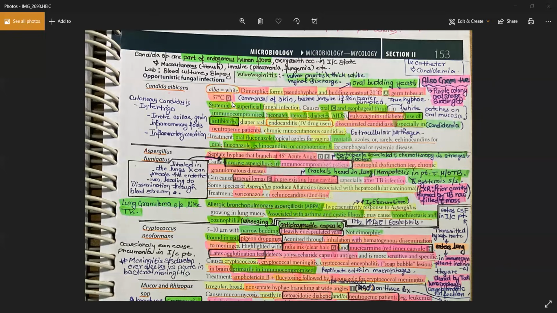Okay, so it would be a case of a patient who is receiving chemotherapy and is likely to get neutropenia. So he will get this Candida in the blood. Okay, and if the patient is HIV, then he will only get the superficial infections, which are skin infections like oral thrush.